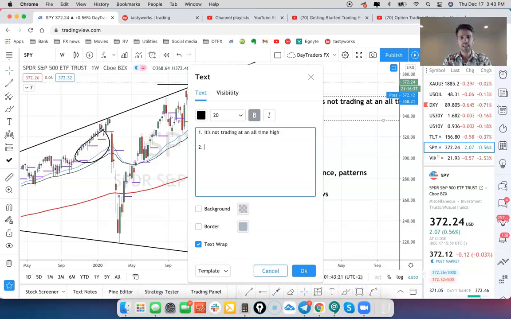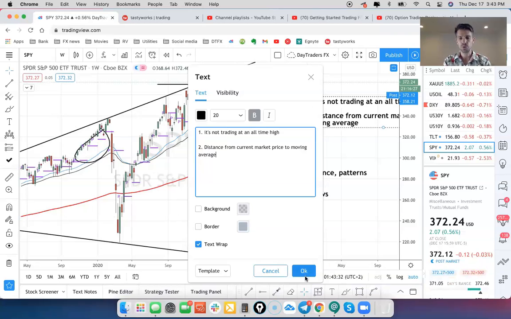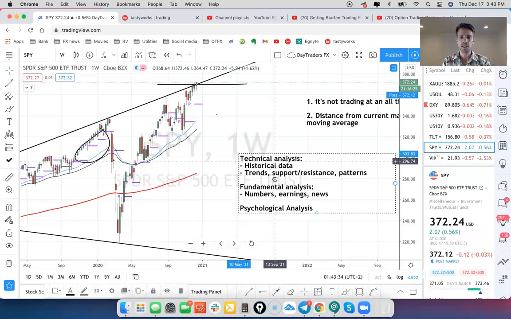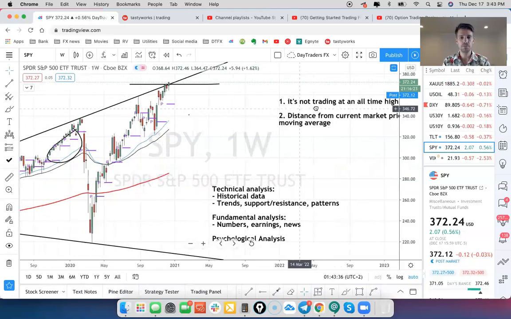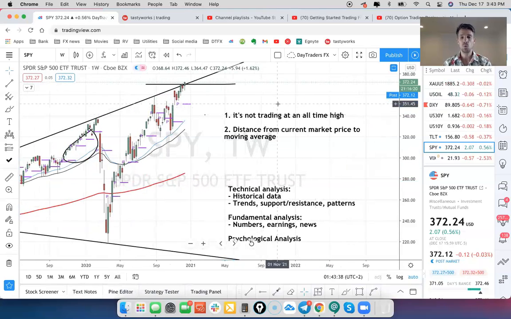And the other thing that I'm looking at is distance from current market price to moving average. And let me show you kind of what I mean by that. These are some of the biggest determining factors for me about what I'm looking at in a stock market.